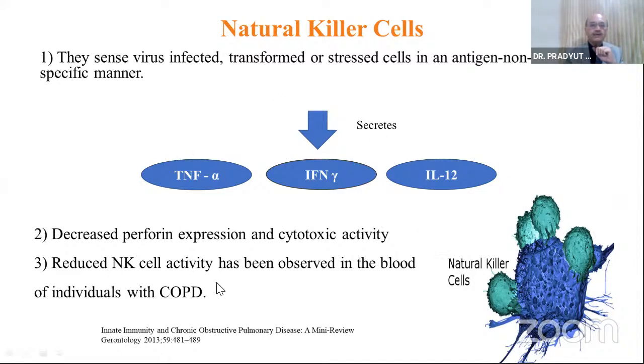Now these three components result in cytotoxic activity. They kill the cells causing the infection, and everything goes all right. But in COPD patients, this activity of the natural killer cells has been found to be reduced. The marker for this is perforin. So there is decreased perforin expression, suggesting decreased natural killer cell activity in COPD patients.